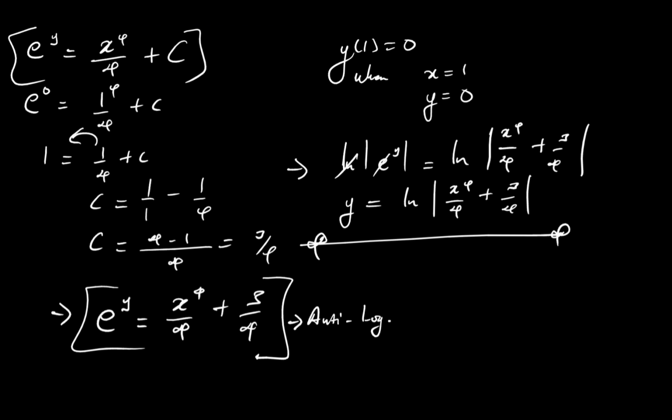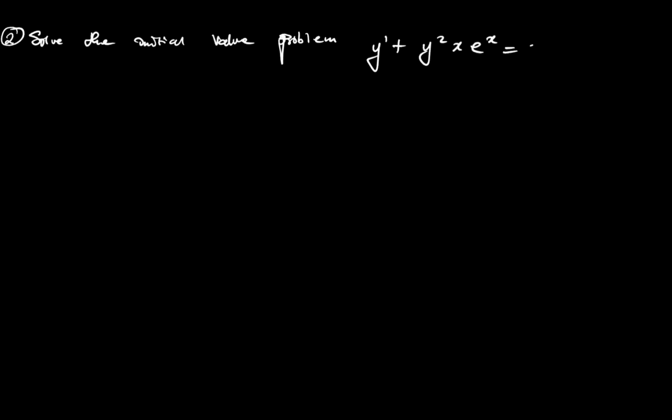Let's look at the last example on the separation of variables. Say solve the initial value problem. Say we have y prime plus y squared x e to the x being equal to 0.